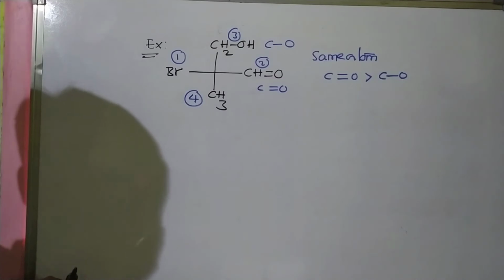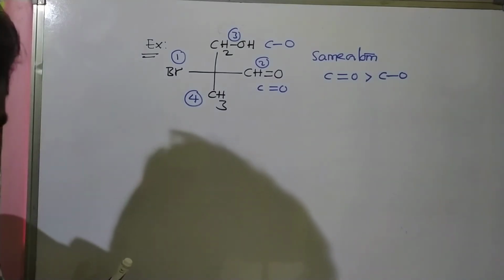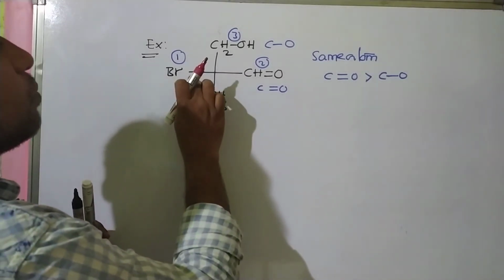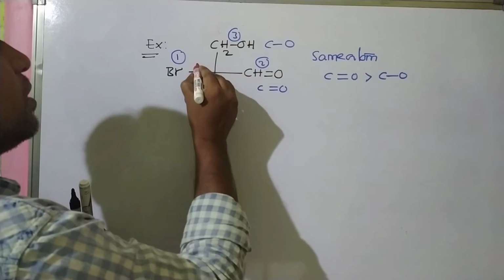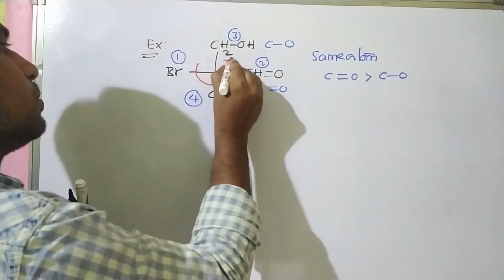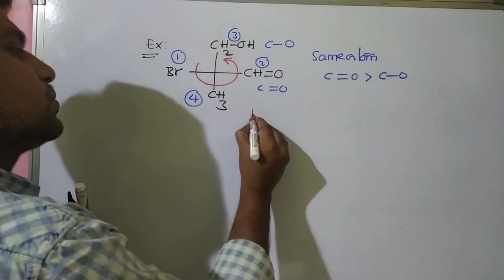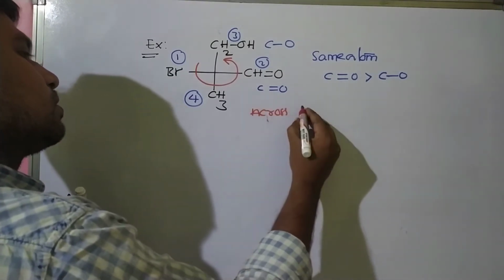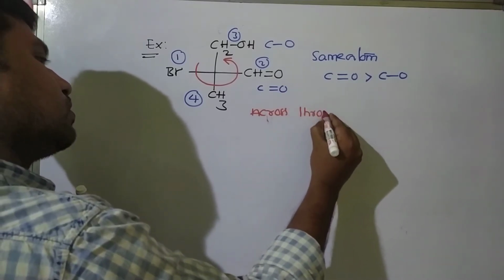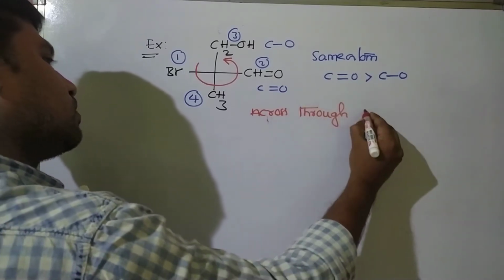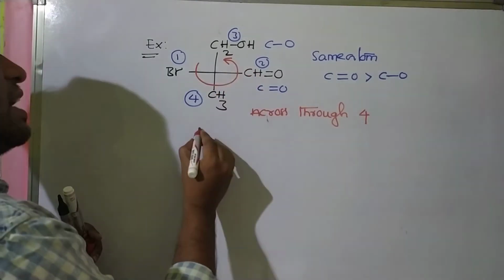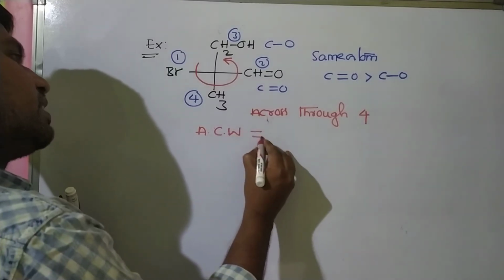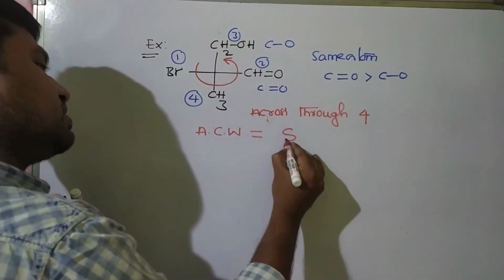Now the rotation is 1, 2, 3. 1, 2, 3. Across 4. Okay, students? So this is anti-clockwise rotation. So definitely sinister means S configuration.